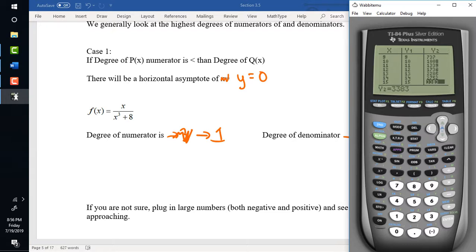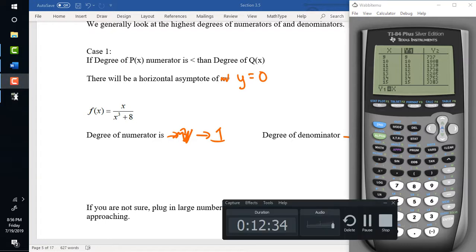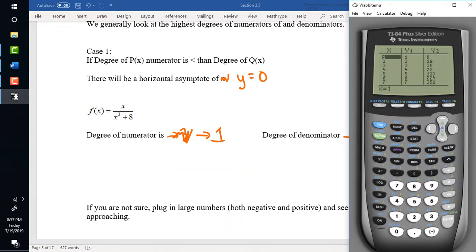And since we're dividing, if you look right here, when x is 1, I have 1 divided by 9, but then I'll have 2 divided by 16, 3 divided by 35, and so forth. So my y value is getting a lot smaller, and as you can see, it's going to essentially get closer to 0, right? Because for example, 25 divided by 15,633, that's a really tiny number, okay?